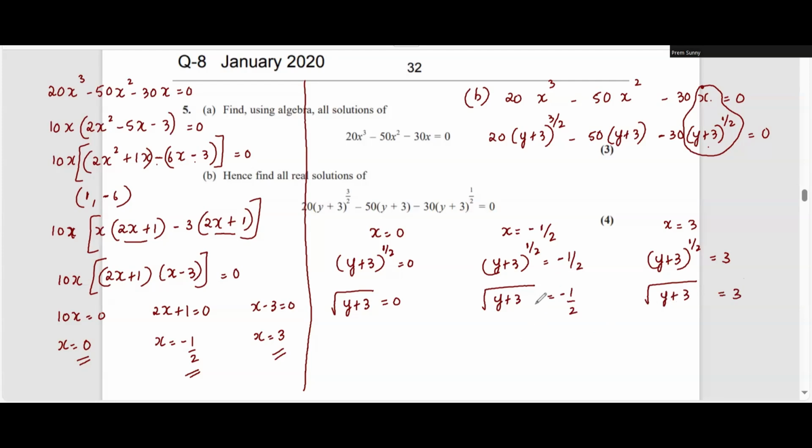Now, first of all, let's consider the middle case here. Square root of anything will never give you a negative answer. If your right hand side is negative, that means inside the square root it should also be negative. But then it becomes complex. We need to consider complex numbers, imaginary and real numbers, but we don't have to study that because it's not in our curriculum.